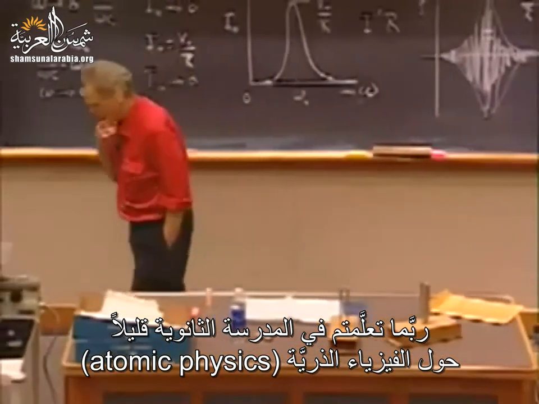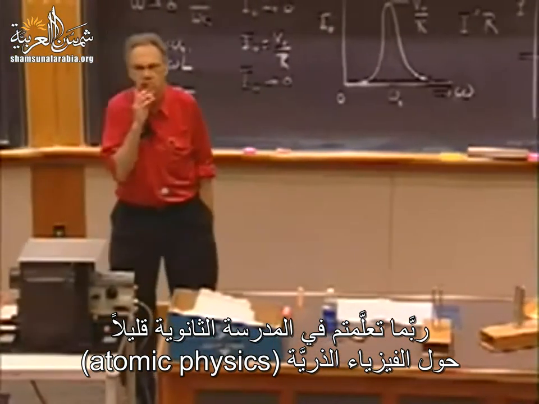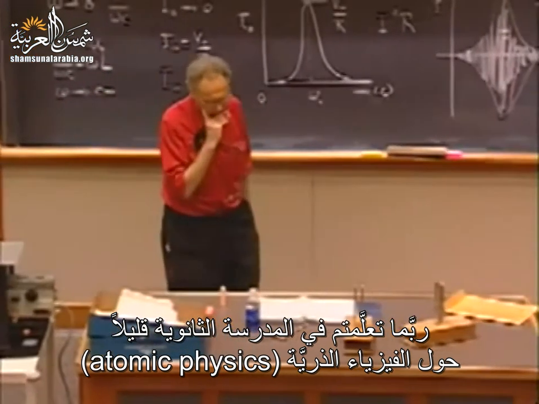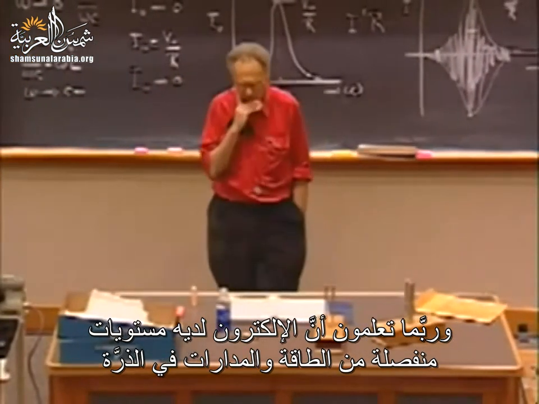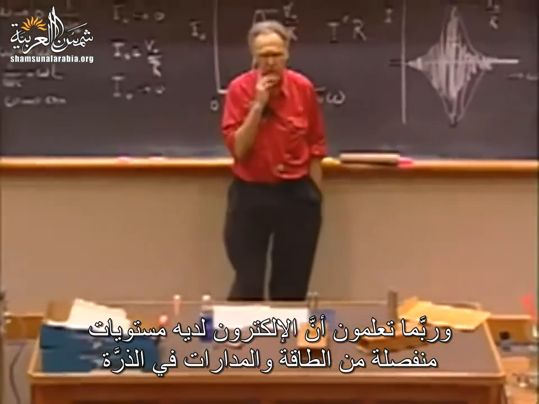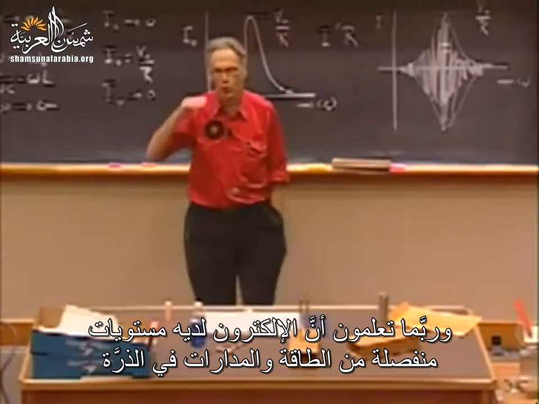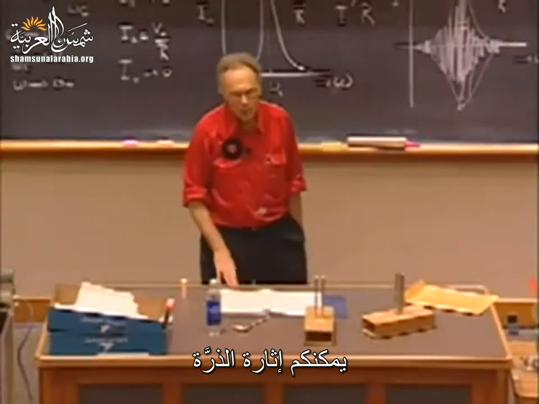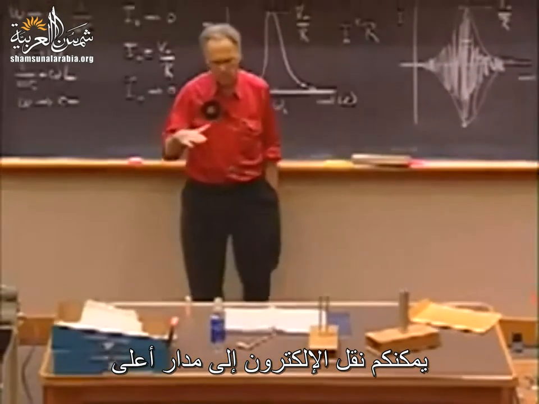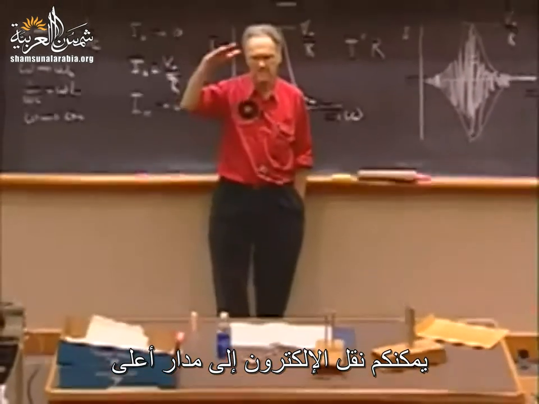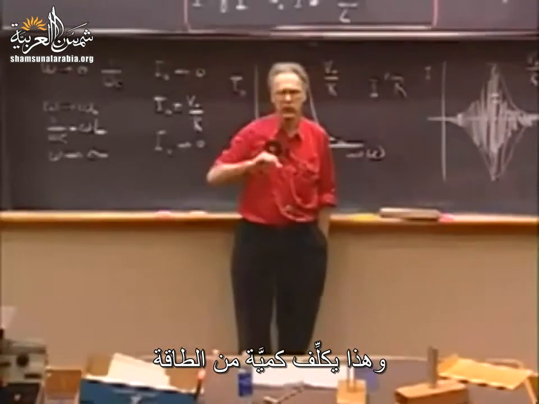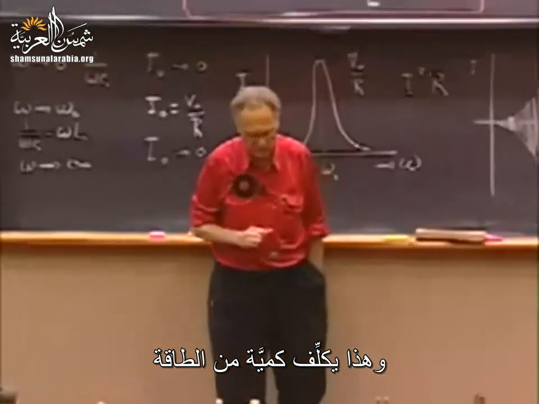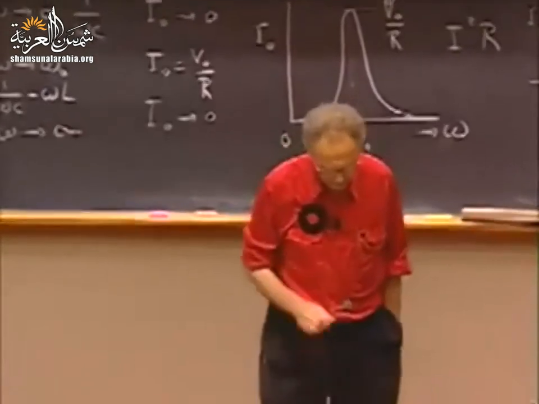You probably in high school have learned a little bit about atomic physics. And you probably know that electrons have discrete energy levels in discrete orbits in atoms. And you can excite the atom. You can bring an electron into a higher orbit, discrete orbits, which cost you a discrete amount of energy.